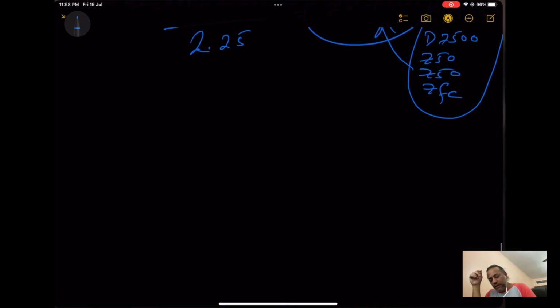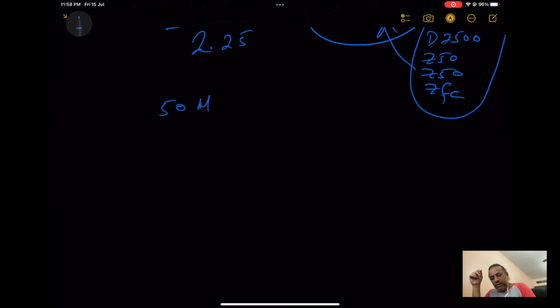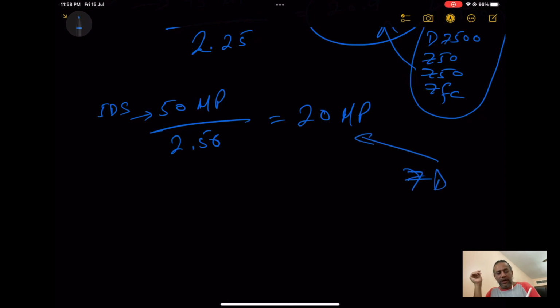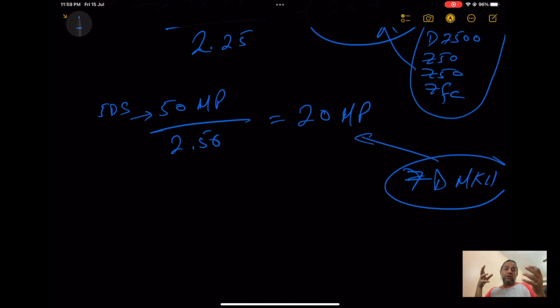So if you have a 50 megapixel 5DS divided by 2.56, for Canon it was 2.56, this will give you nearly 20 megapixel, which is your 7D Mark II. So that's how exactly it goes. So if you're going to use a crop sensor lens on 5DS, you will get output exactly like 7D Mark II.